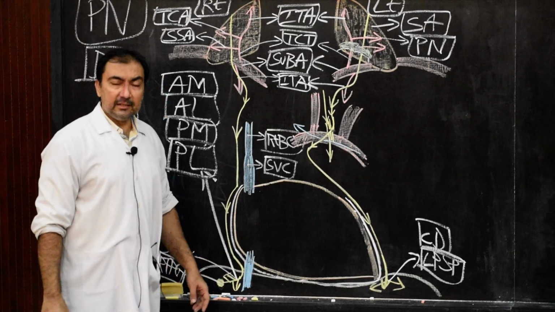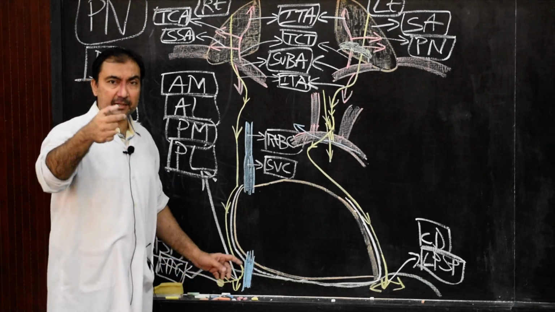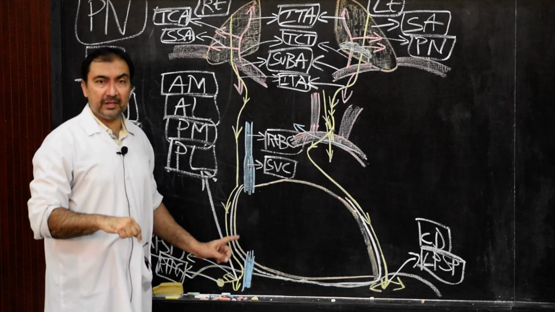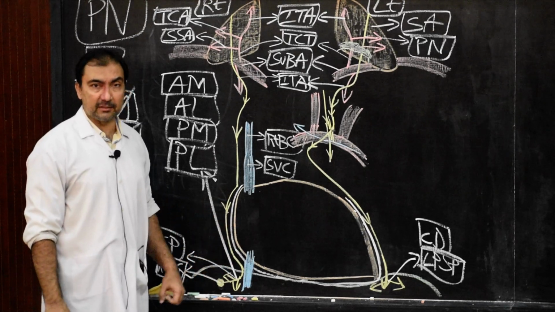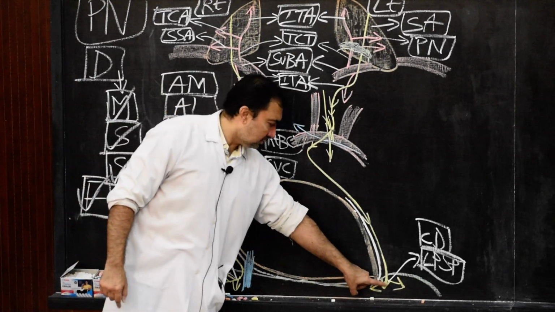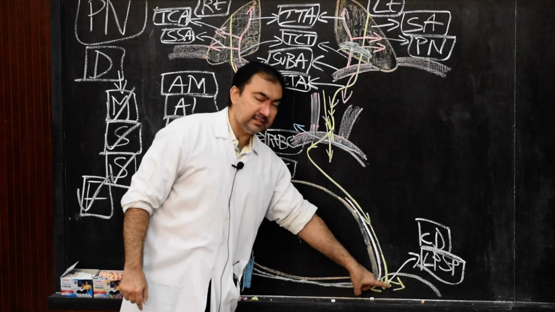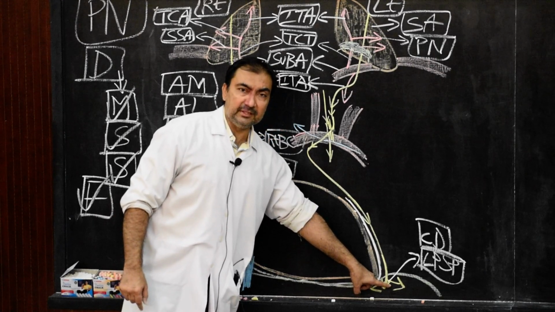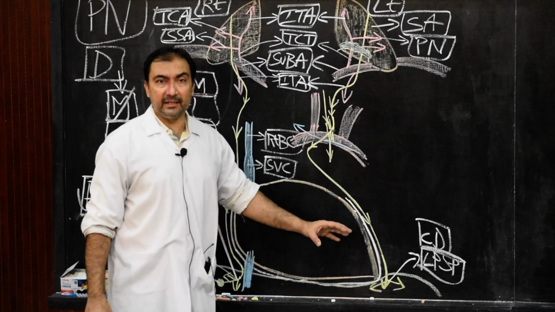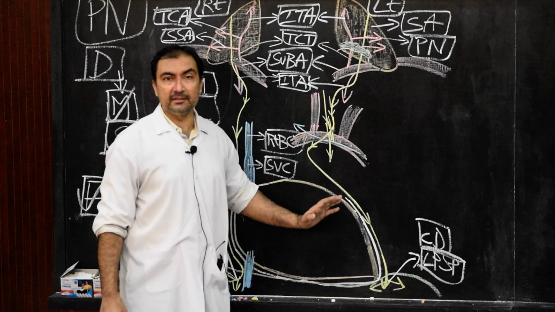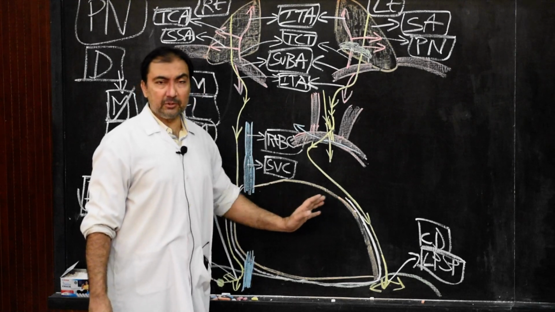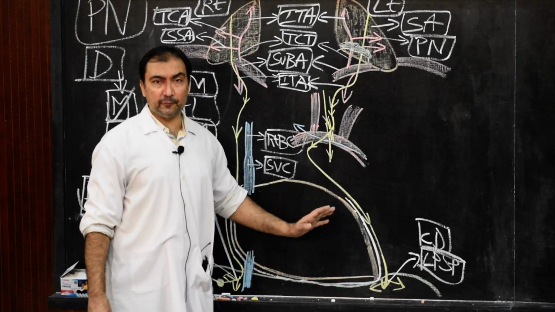In addition, as already discussed, it will supply the right suprarenal gland, the inferior vena cava, the coronary and falciform ligaments of the liver, and the gallbladder. On the left side, the left phrenic sympathetic plexus will supply the left suprarenal gland. In addition to the diaphragm, it will supply the left suprarenal gland only. That is about the termination and the branches of the phrenic nerve.